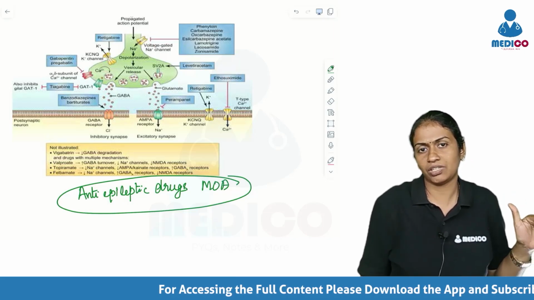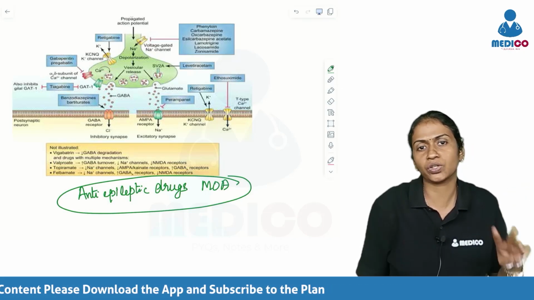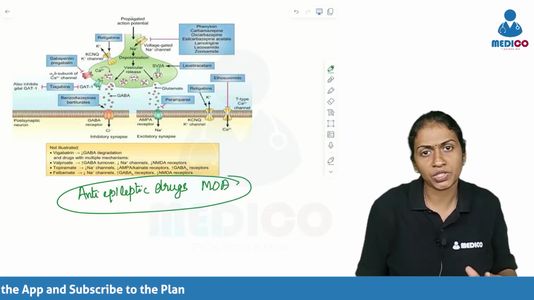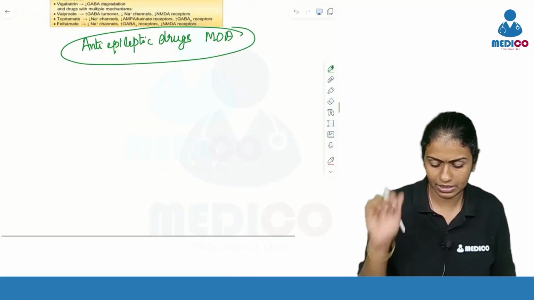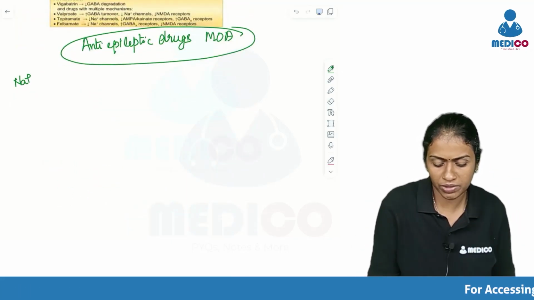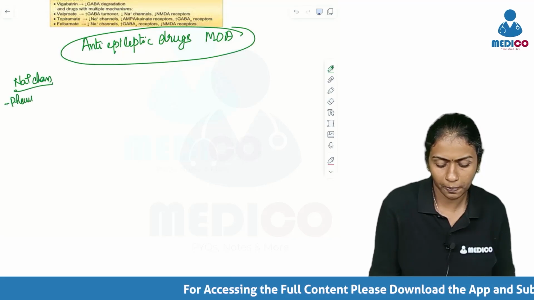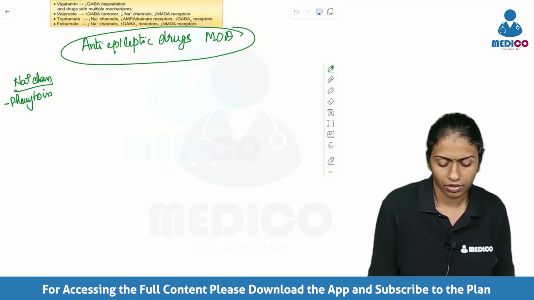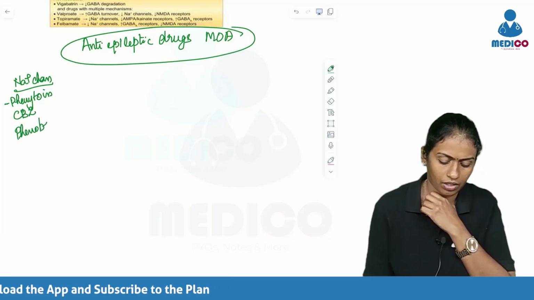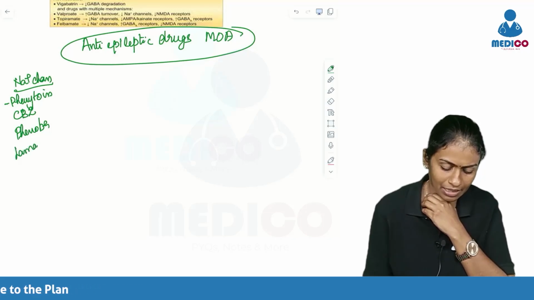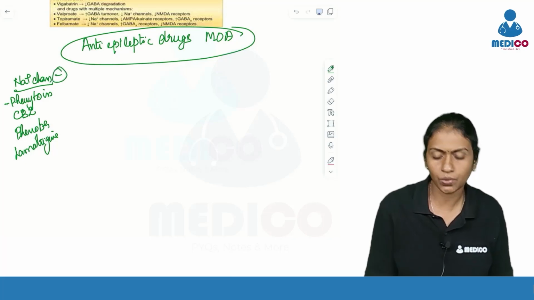The majority of the conventional agents act by blocking the sodium channels, that is phenytoin, carbamazepine, phenobarbital. Among newer agents, lamotrigine also acts by blocking the sodium channel.